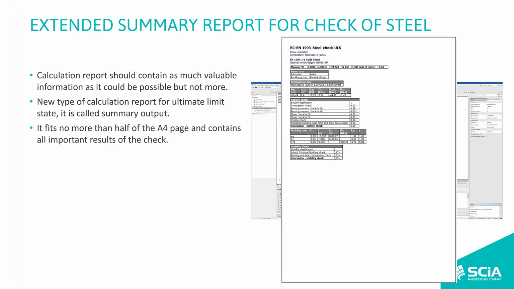Here you can see that it's just half of page 4, and it contains all important results of the checks and also all the necessary information like the member, related beam data, combination key, internal forces used for the calculation of all the checks, all the performed checks, and also the information related to the buckling and stability checks.